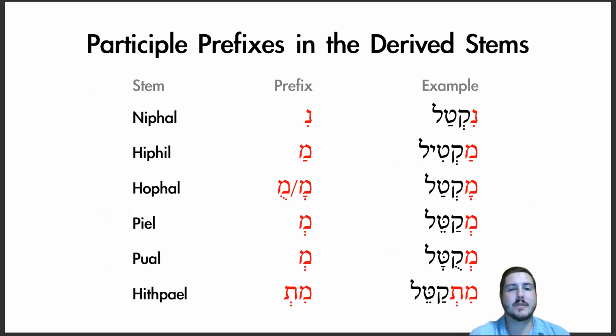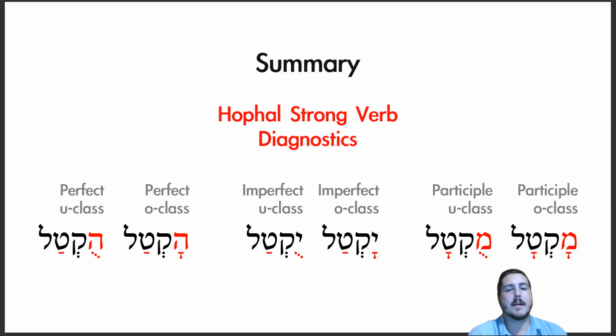Participle prefixes and derived stems. That's the same slide we had a few minutes ago. Summary. Okay. Perfect. Hofal: kibbutz, an A class vowel and stem vowel under the text. O class. Hifil: kamets katuf, which is ha, katal, hakatal.